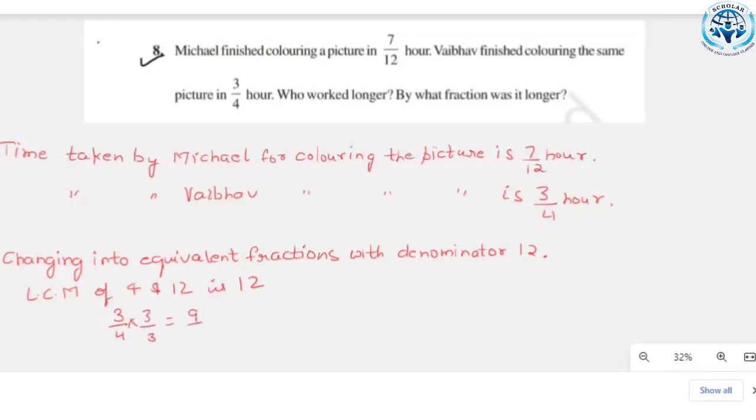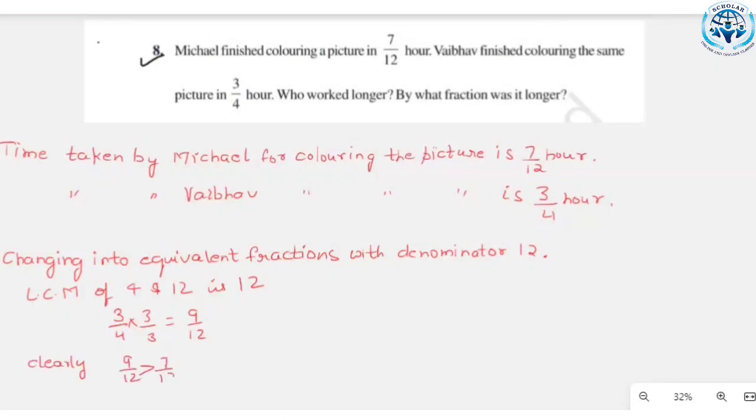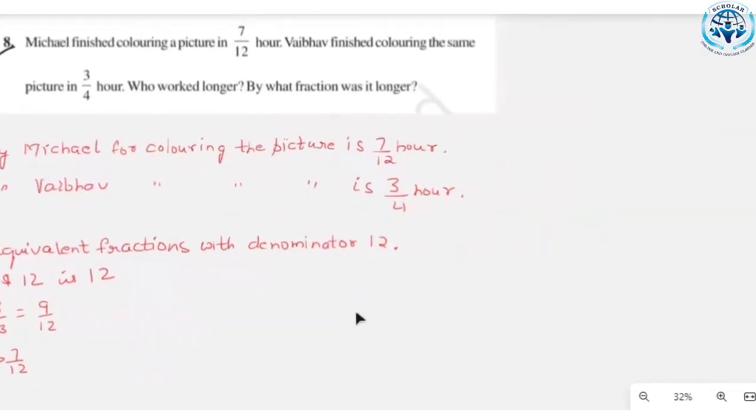LCM is 12. So 9 by 12 is the equivalent fraction of 3 by 4. And 7 by 12 is the like fraction of 9 by 12. Clearly 9 by 12 is greater than 7 by 12. That means Vaibhav is taking longer to color the picture.